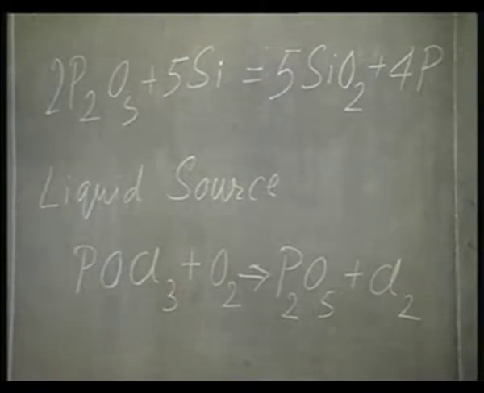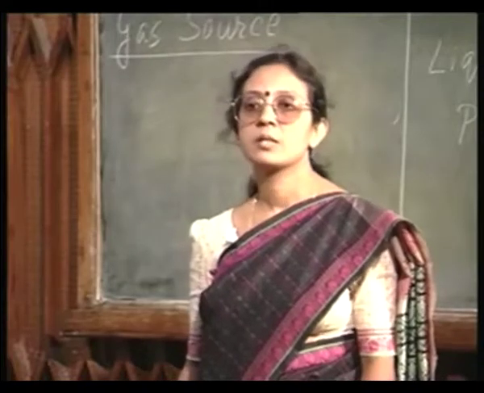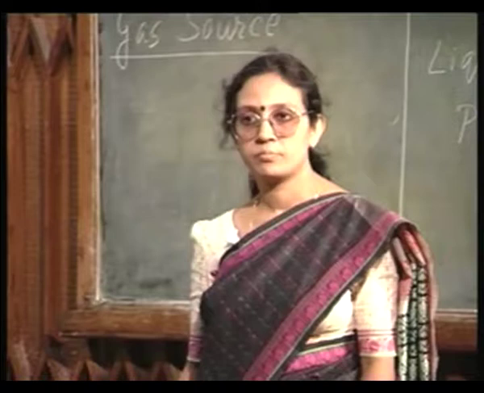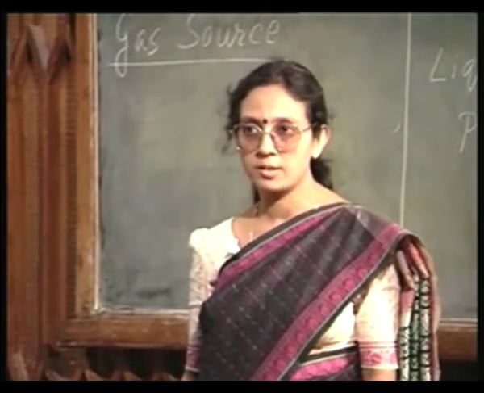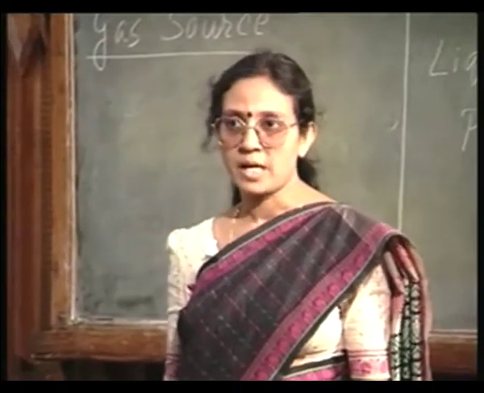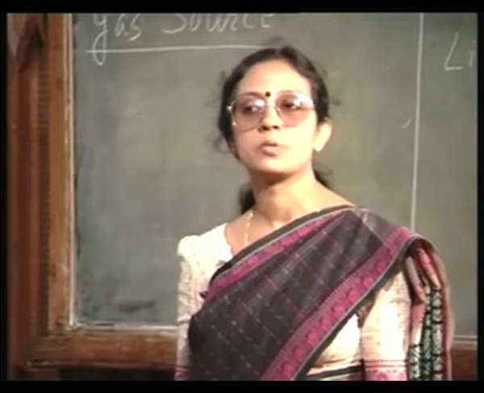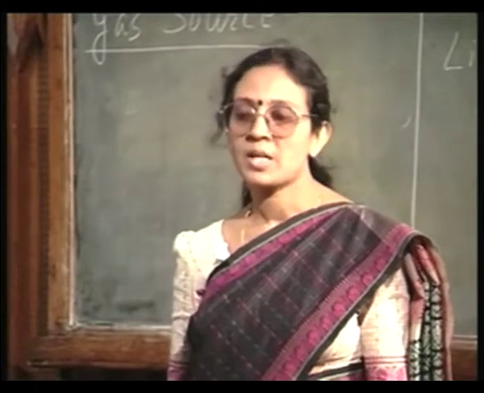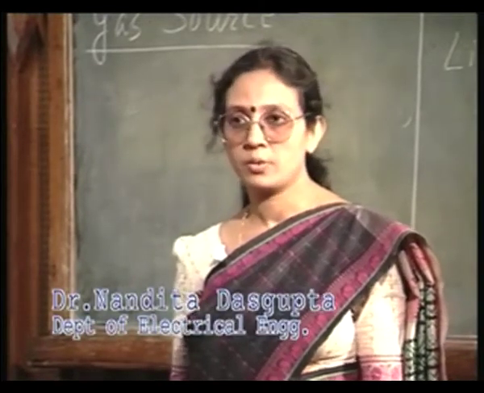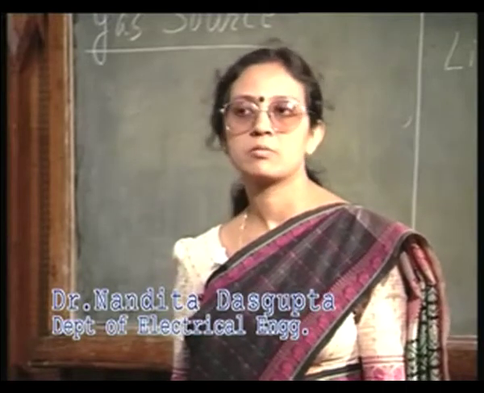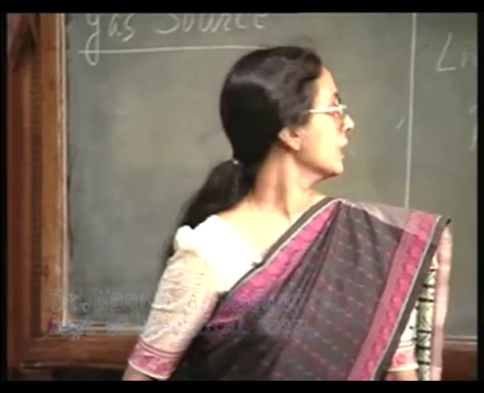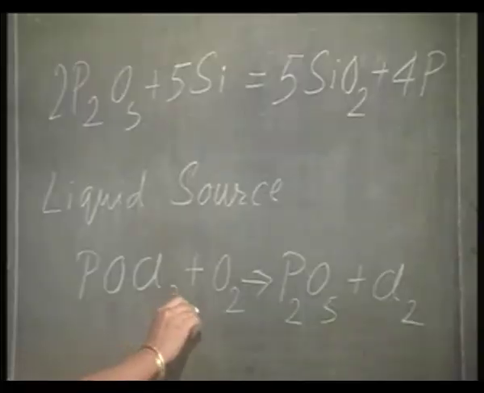So, what happens is POCl3 is also a colorless liquid. It is kept at 0 degree centigrade, kept in an ice pack, and oxygen is bubbled through this POCl3 source. Then at the mouth of the furnace, where the temperature is about 600 degree centigrade or so, this reaction is going to take place.